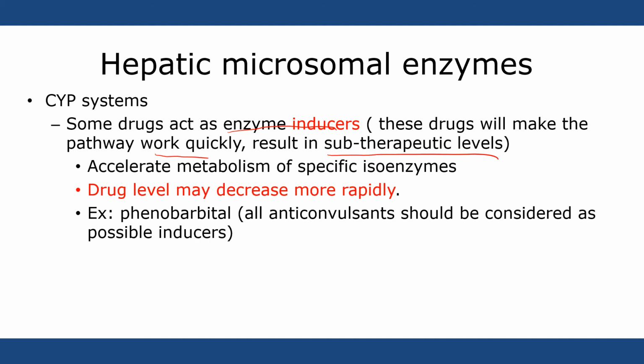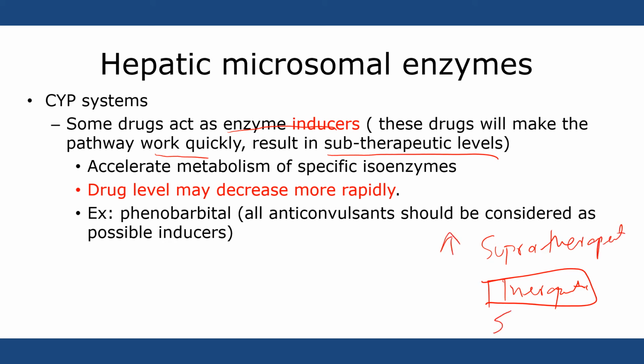The previous one was supratherapeutic. If this is your therapeutic range, and the previous was supratherapeutic, it was high, then this will give you subtherapeutic, below. Okay, so this is below.